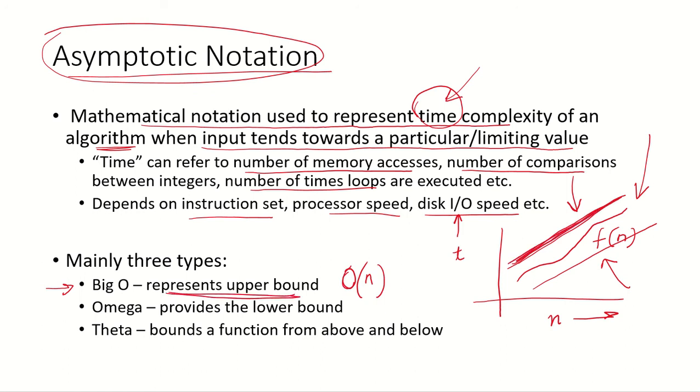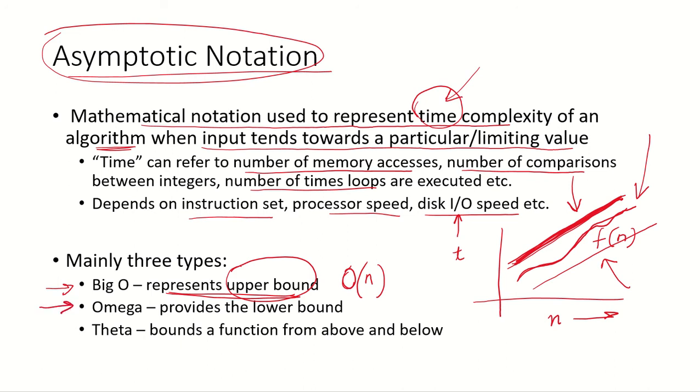So this line, this asymptote over here, which is the upper bound of f(n), this is the big O. And by upper bound, we mean what could be the worst case analysis of this function. That means if n, or the size of the input, becomes too large, what could be the worst case for that particular algorithm?